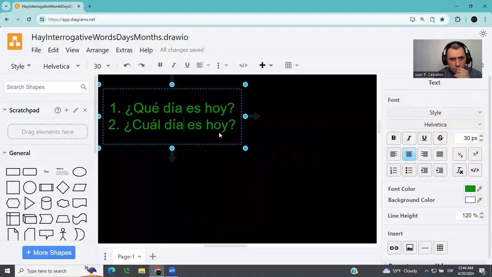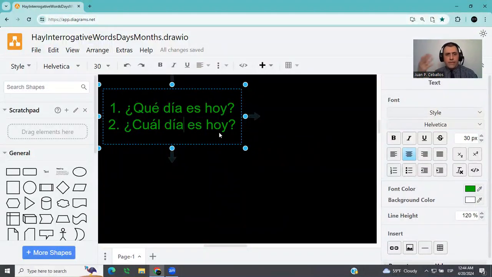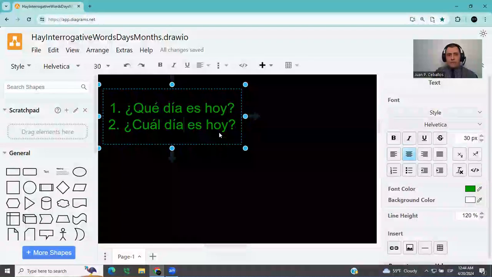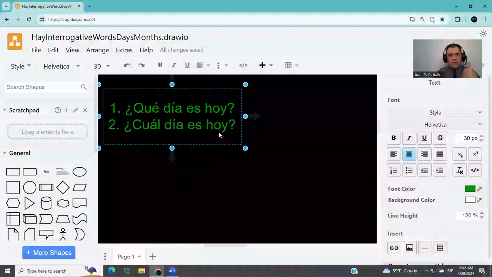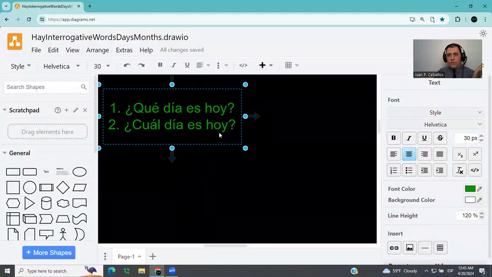Both of these sentences translate the same in English, and they both have the same meaning in Spanish as well. So ¿qué día es hoy? What day is today? ¿Cuál día es hoy? What day is today? It is the same meaning. But here is the tricky part.